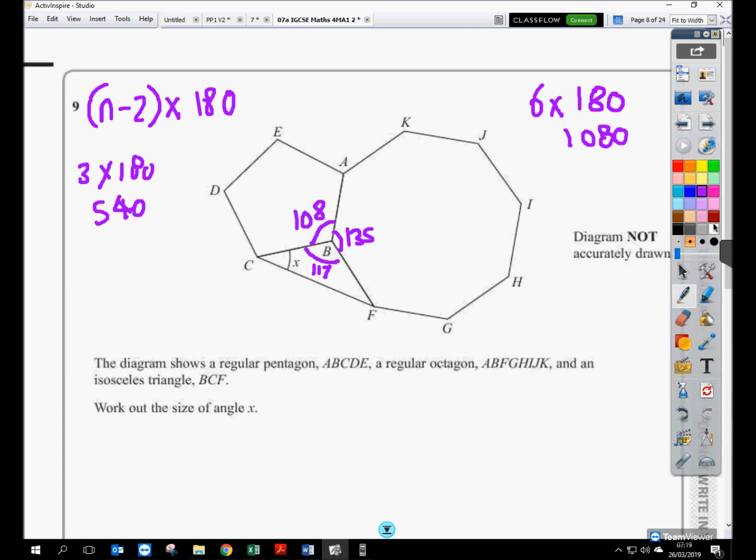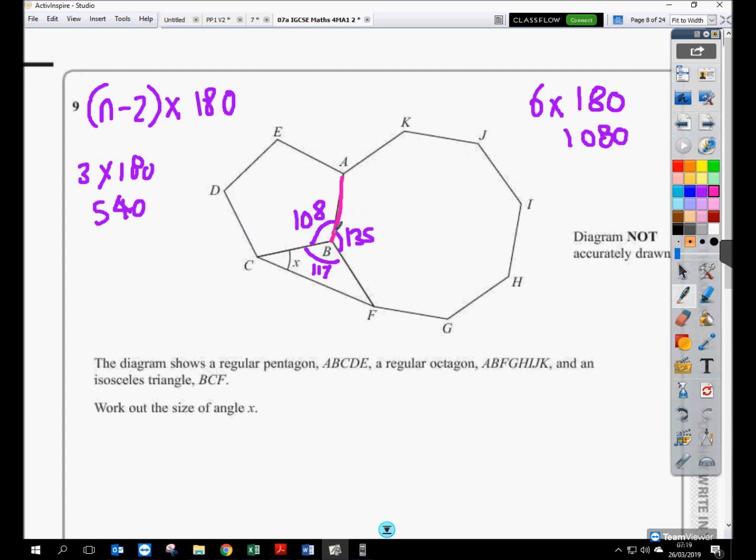Now, what kind of triangle is this? Well, the diagram shows a regular pentagon and a regular octagon, and they share this side AB. All the sides on the octagon are the same, and all the sides on the pentagon are the same because they're regular.